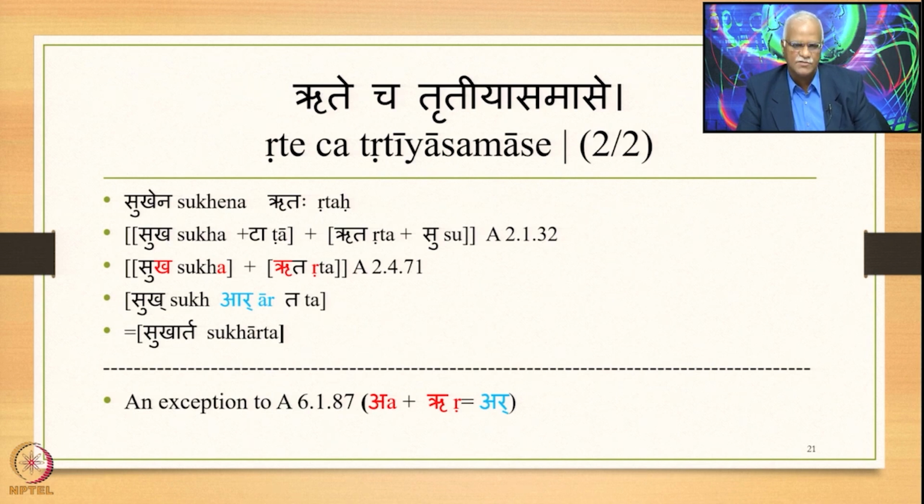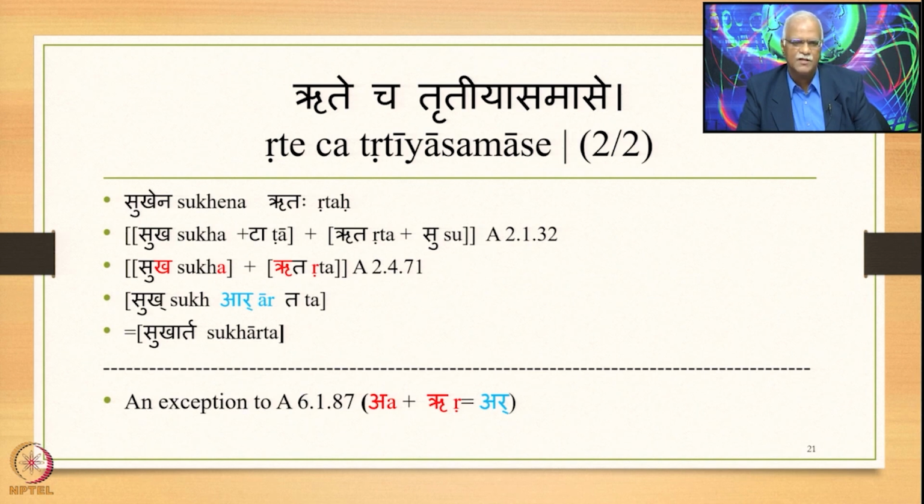So you have a samasa, sukhena ritaha. This is the sentence, and these 2 words are connected together, and so we have the alaukika vigraha in the form of sukha plus ta plus rita plus su by 2132, and then we have supodhatu pratipadikayoho 2471 applying.